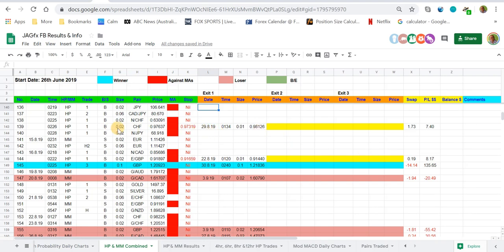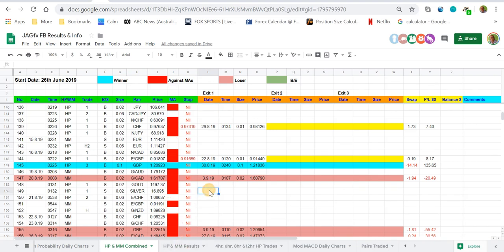So, for example, this high probability trade 1, it's a buy on the USD CHF, the Swissy. I've closed half, put a stop in place, so that's just what I've done so far. And this red MA, normally that's a high risk trade against either the MAs with a high probability or against the 240 LMA on the mod MACD.